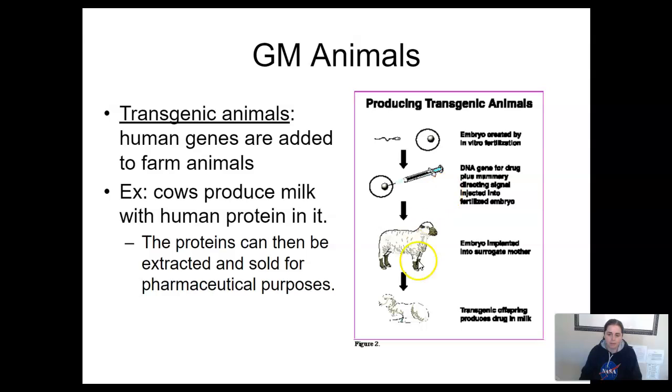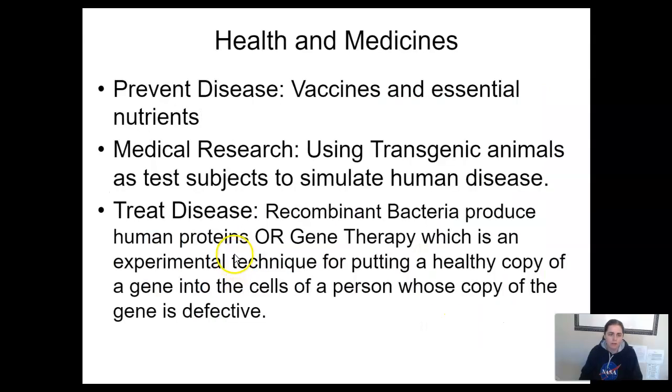And this is how it happens. Next, health and medicines. Just like we're in the middle of our pandemic here, vaccines are useful to help prevent diseases. Genetic engineering is 100% useful in helping to develop vaccines.